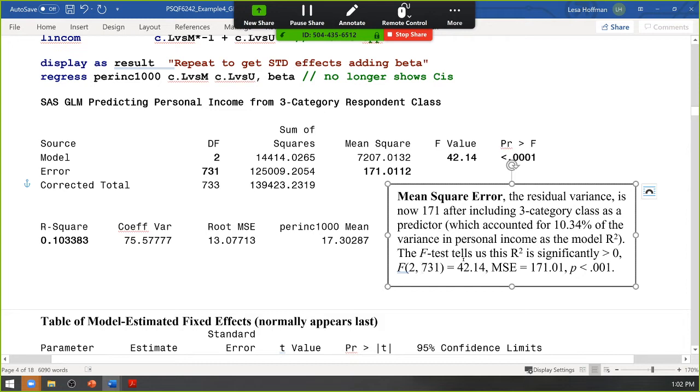All right. Other questions, thoughts on this? So what we know right now is which class you're in significantly predicts your personal income. Which class you're in is responsible for 10% of the variance in personal income. That's a general result.